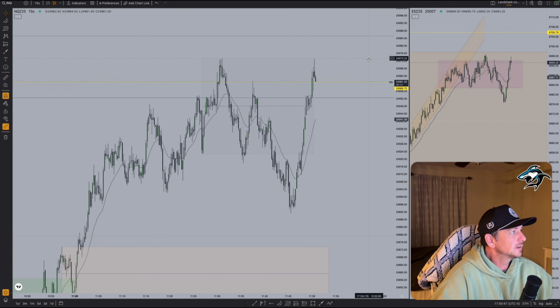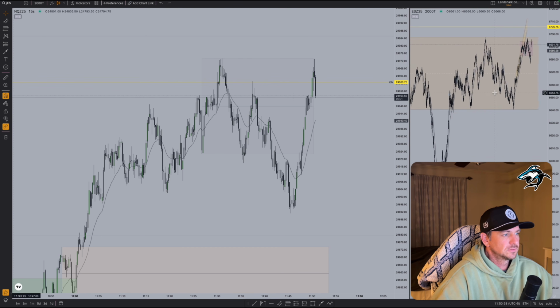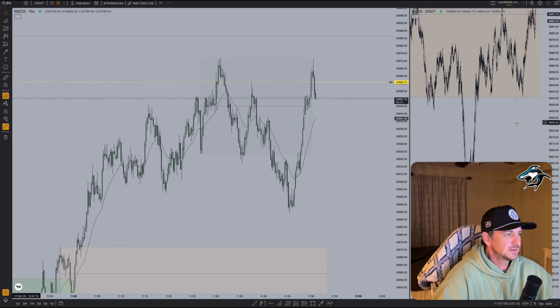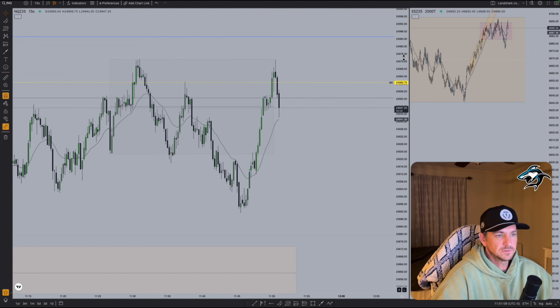Did not take the high. Got to the high on ES, got to the high of the range. That is in the overall larger range. So we've got ranges inside of ranges that are inside of ranges.